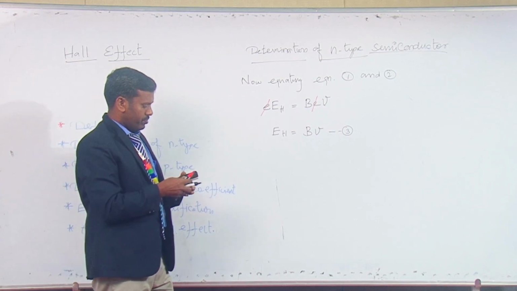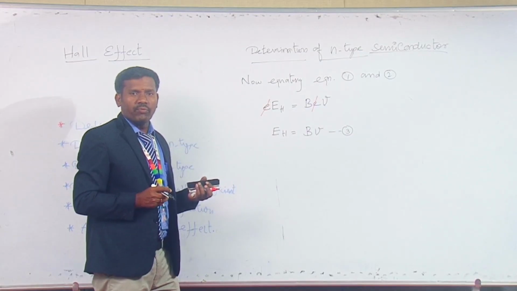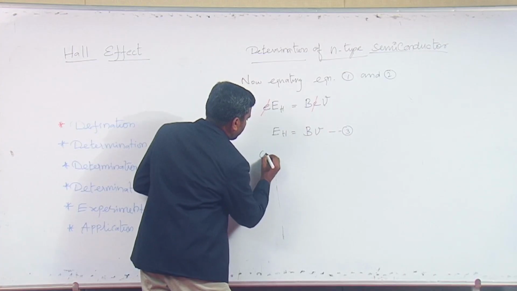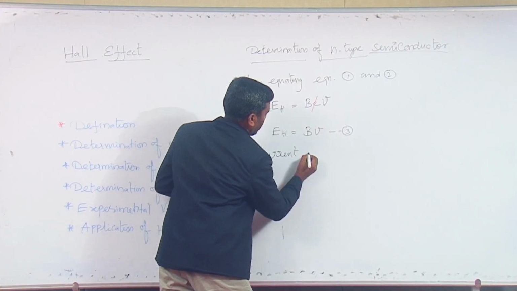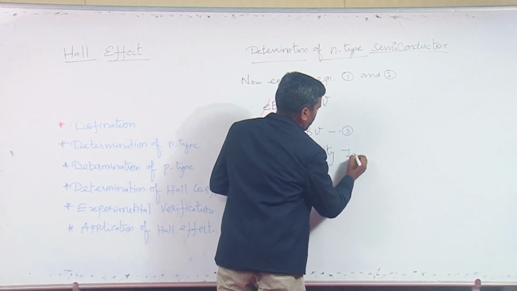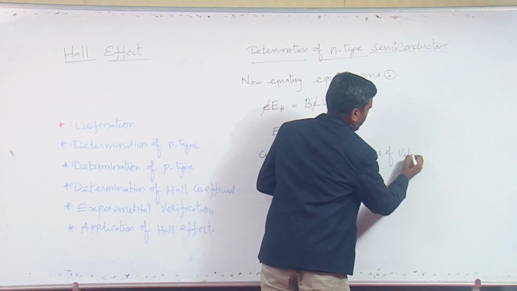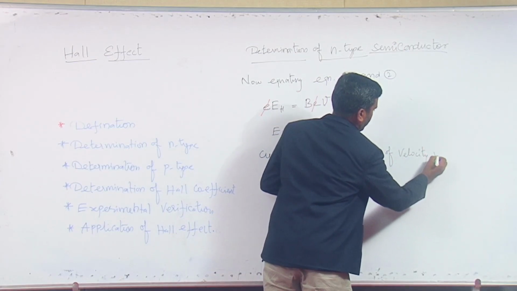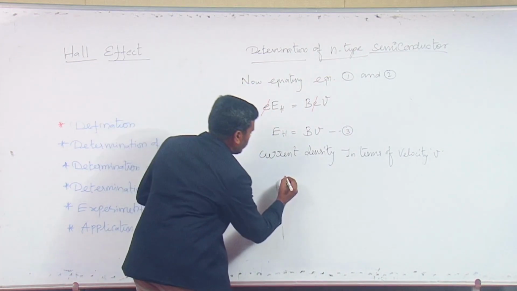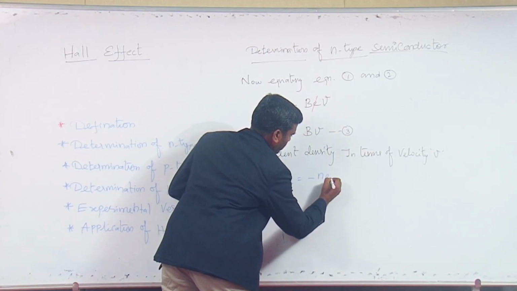Already you know the current density in terms of velocity, that is Jx is equal to minus nev.